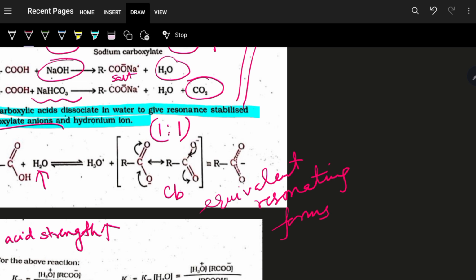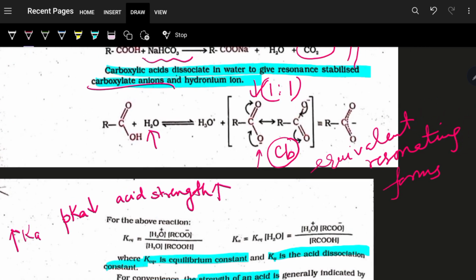Also note that the negative charge oscillates between two electronegative oxygen atoms only. So the two resonating forms are equivalent, extra stability is attained and the negative charge resides on the more electronegative oxygen atom. For these reasons, the carboxylic acid is even more acidic than phenols. This is the acidic behavior of carboxylic acid.